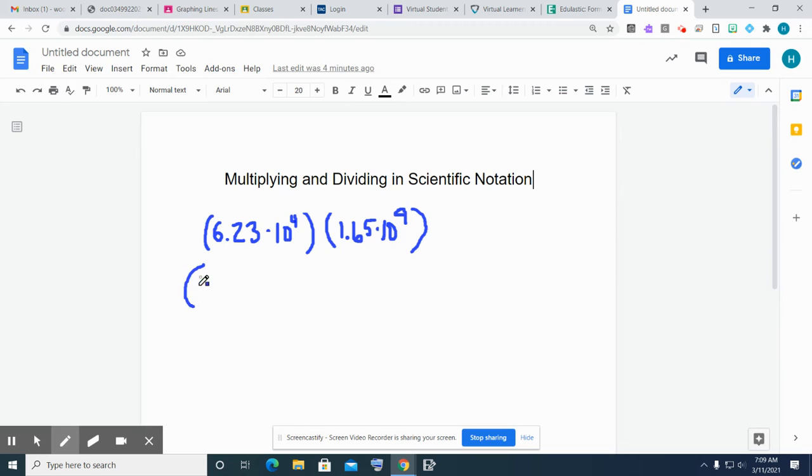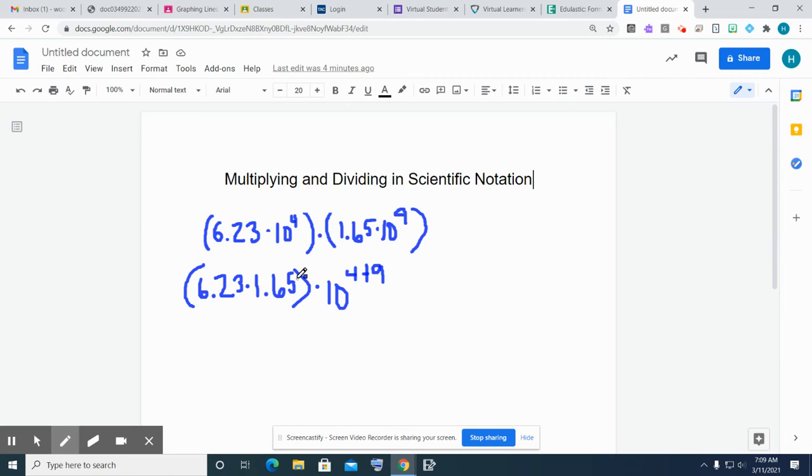So our coefficients here, we have 6.23. And since there's no symbol here, we know we're multiplying, so times 1.65. And then for our powers, our bases, we have times 10 to the power of, remember, we keep the base, we add those exponents. So 4 plus 9.